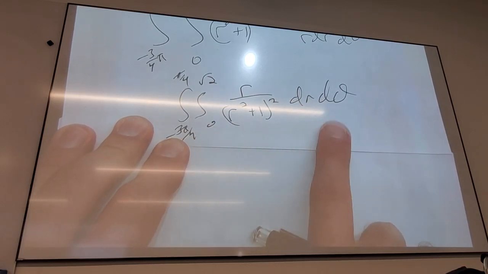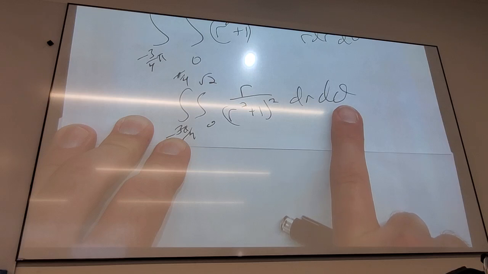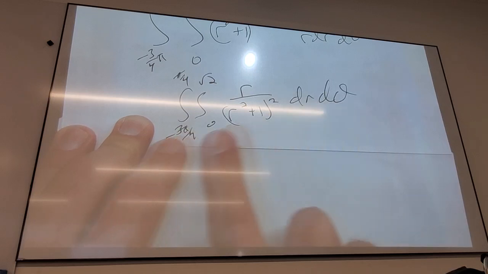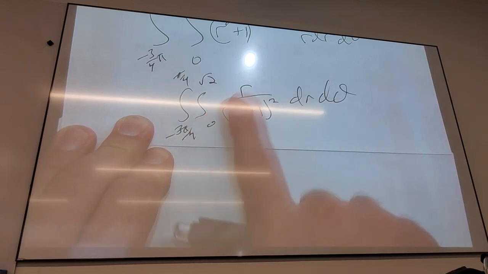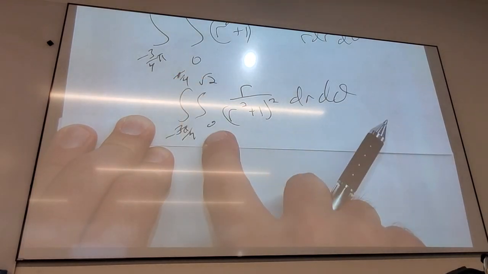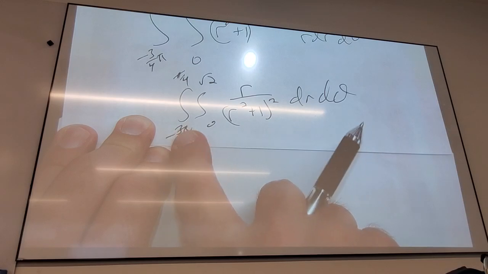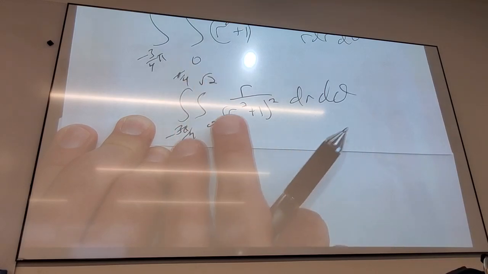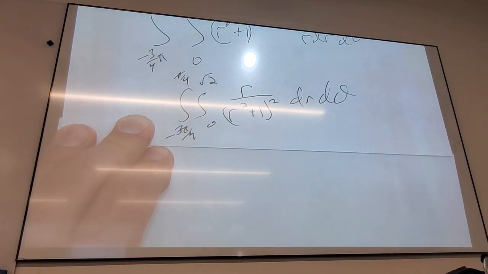In this problem, there's no connection between theta and r. Yeah. So, to be really honest, let me see, how can I say this? Since neither one of these is based on a function, this is an example of like a rectangle in xy.